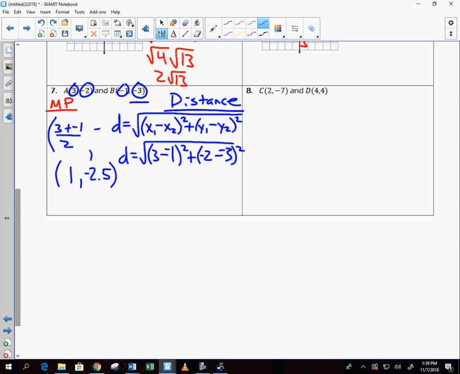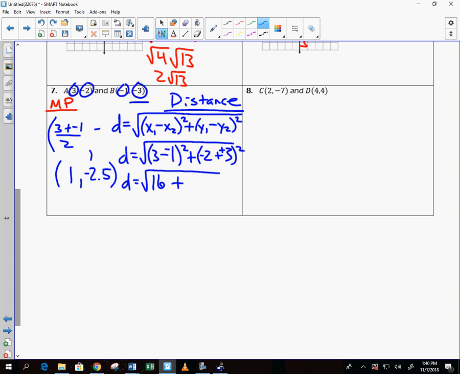Lots of order of operations here. What do we do first? What's 3 minus -1? 4 squared. 16 plus, what's -2 minus -3?